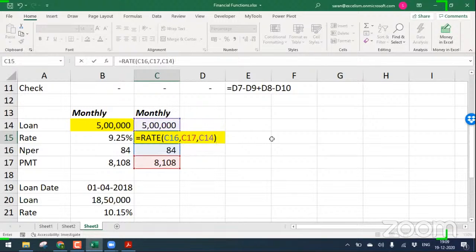Could you please tell me what is the answer it's going to give? Anyone, please? Anyone? Logically, please answer. I don't want just a blind answer. I request you to please logically answer. 9.25%. Is it? Logically, I think you guys are missing the logic.